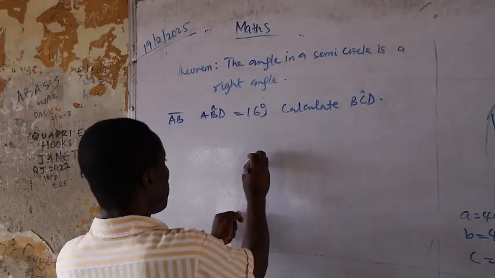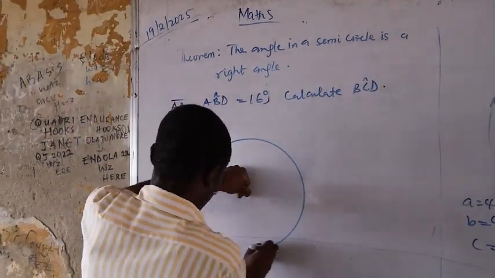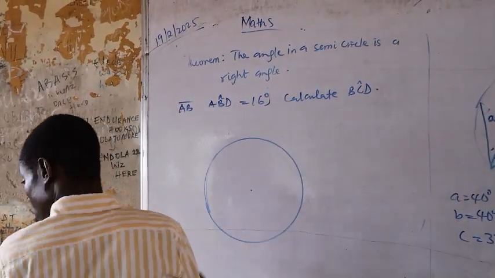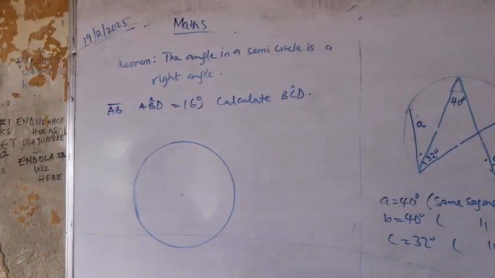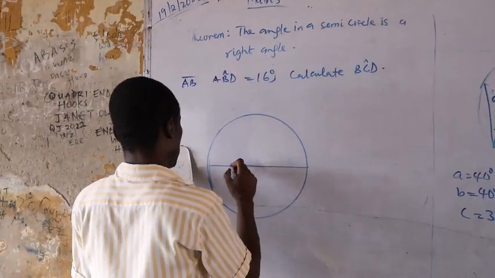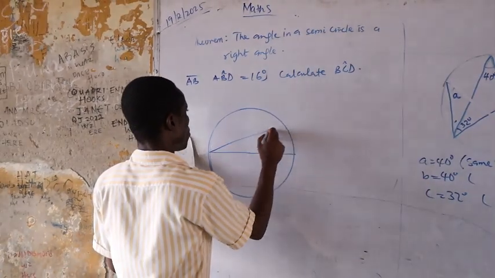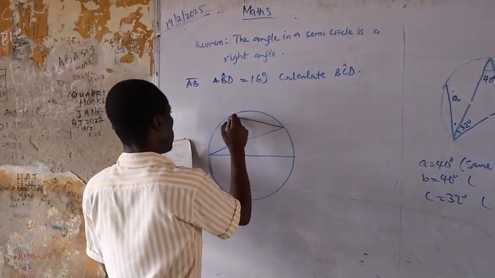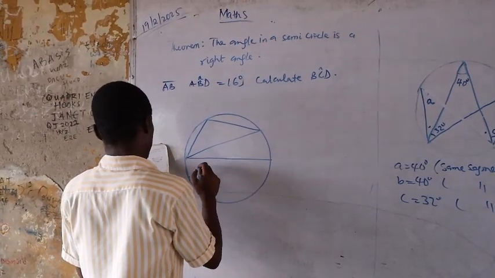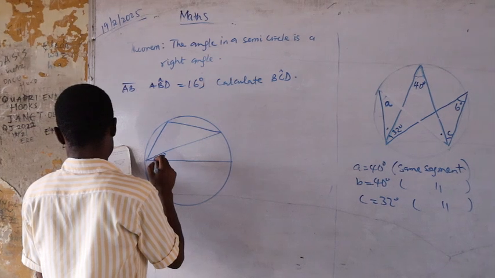Now this is the diagram. Now we have this as diameter. This is 16 degrees.